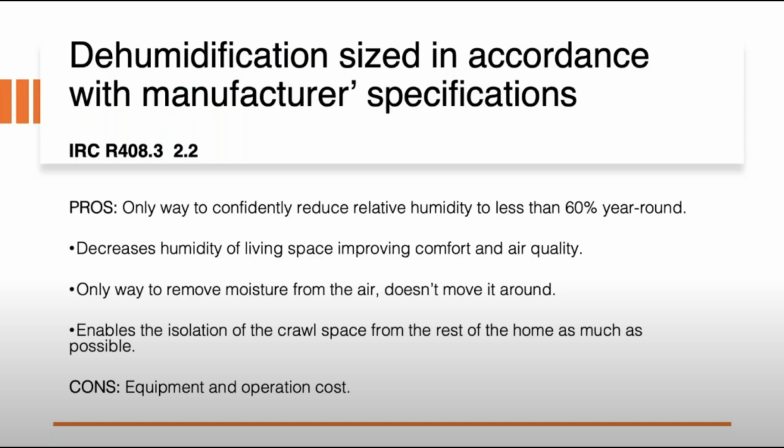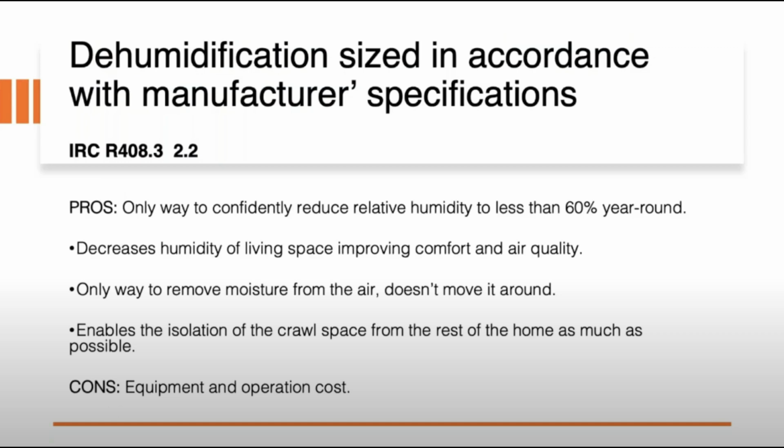Next, we will look at dehumidification, sized in accordance with manufacturer specifications. Using a dehumidifier is the only way to truly control the relative humidity in a crawl space to a set RH point. The dehumidifier can also help control the humidity in the living space by controlling it underneath of the home. The lower the RH is in the crawl space, the less of a chance any humid air enters the home through air mixing.